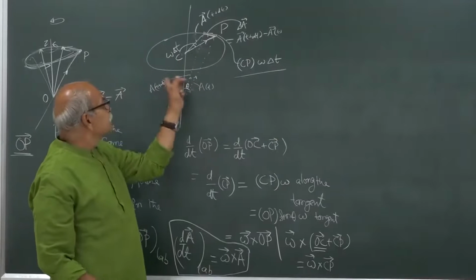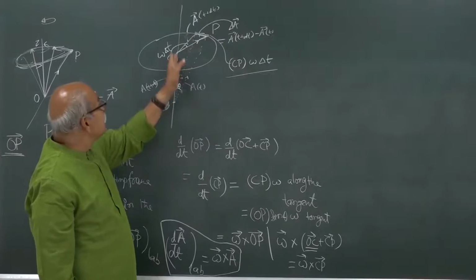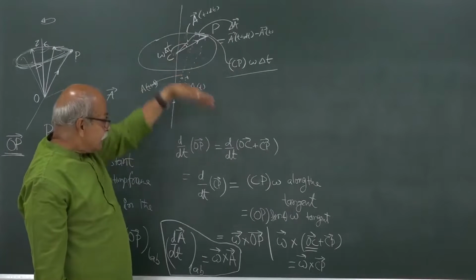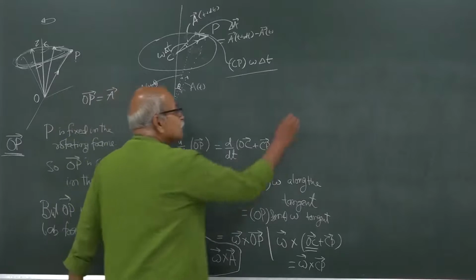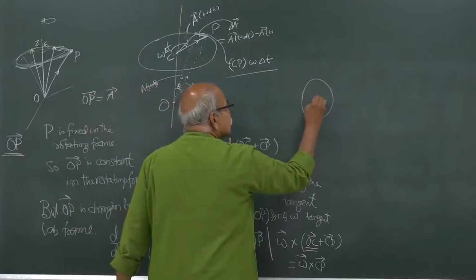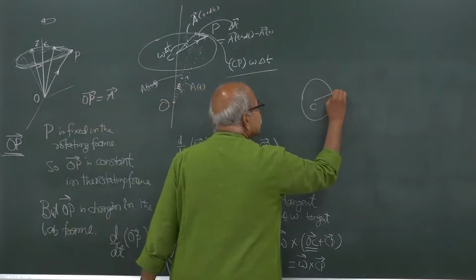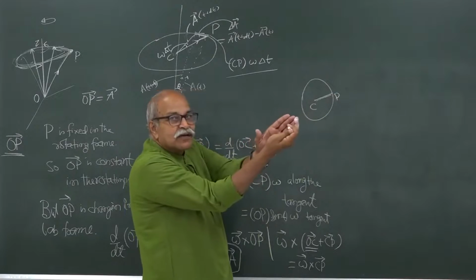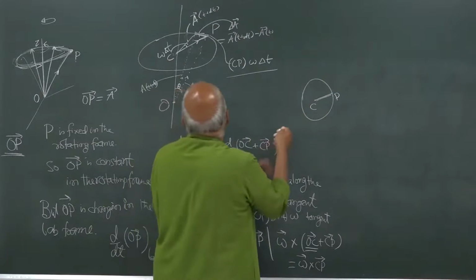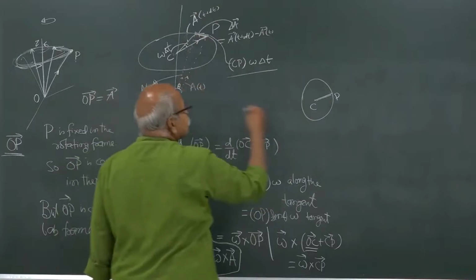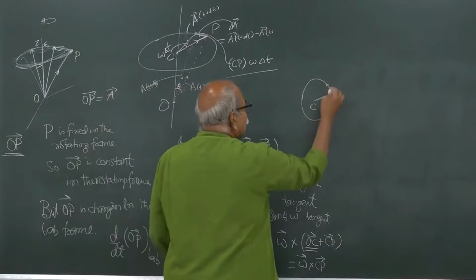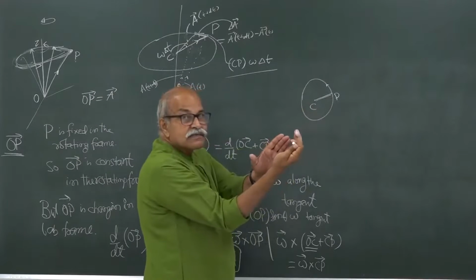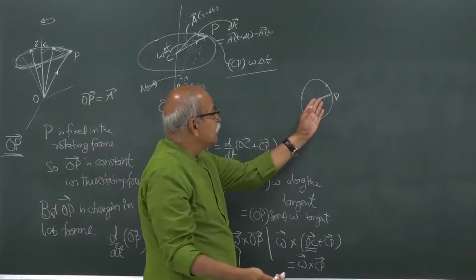This is a circle, and omega is perpendicular to the circle, and this CP is the radius. So, if you have a circle, this is C here, this is P here, CP, and omega is perpendicular to the disk, coming out of the board.